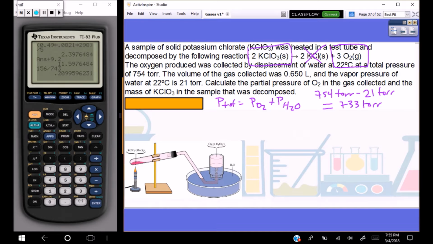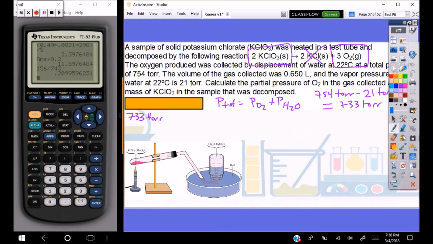If I have my mass of oxygen or even the moles of oxygen, I would be in good shape. Well, the nice thing is I have my partial pressure. I can take my partial pressure of 733 torr and plug that into the ideal gas law, and I can get my moles of oxygen.